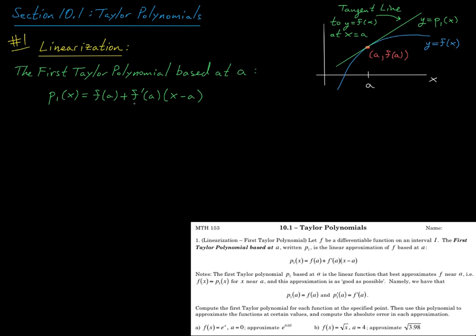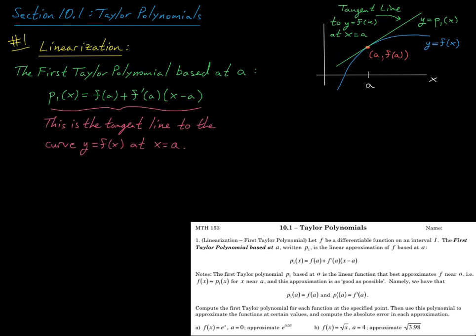And now just go back to point slope form of a line, right? This is x minus x1. Here x1 is just the x coordinate of the point our line is passing through, which is a. And then this is your y1, which is the y coordinate of the point that we're passing through, and that's just f of a. Okay, so this is the equation of this green tangent.